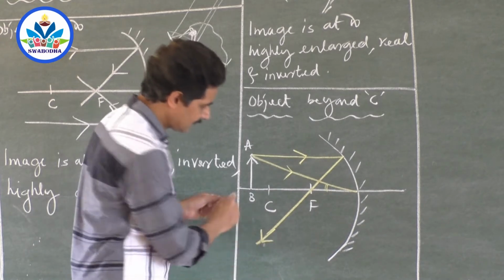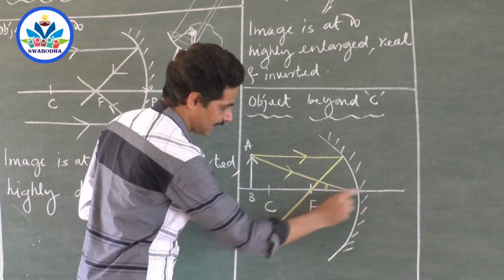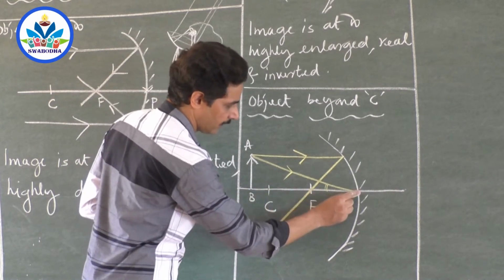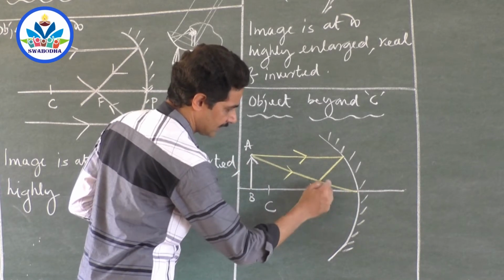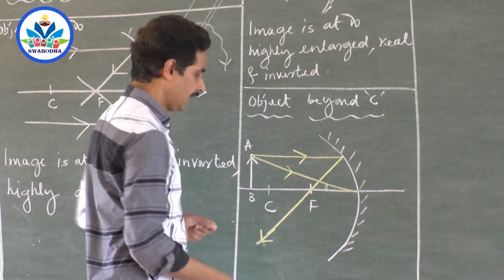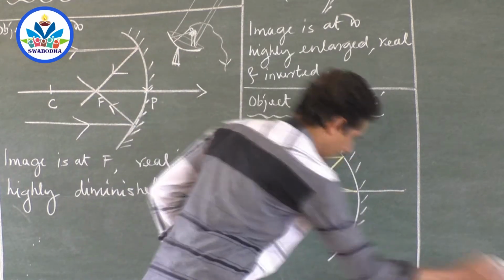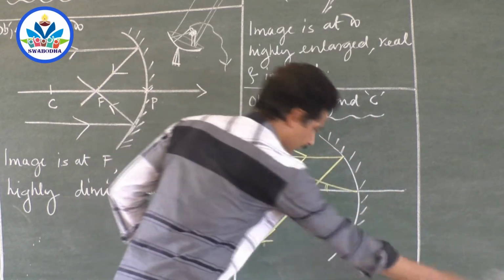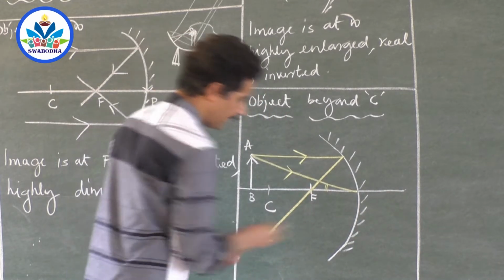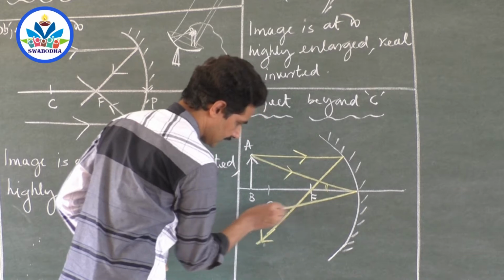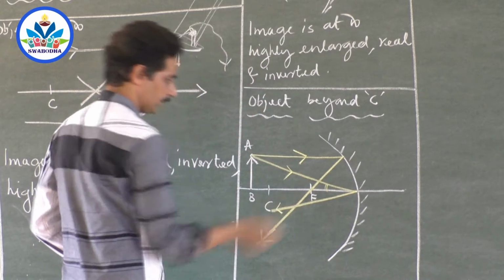You know that this itself acts like a normal, because this is a line which is passing through the center. So this ray is incident at an angle of incidence i, and it should pass such that the angle of reflection is also the same. So it should pass like this with the same angle of reflection, and it should proceed.